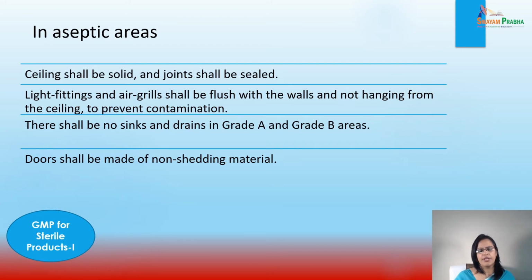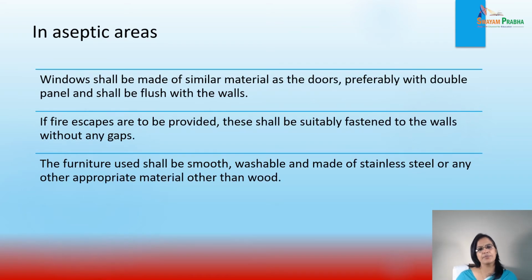So the next point is windows. Windows shall be made up of similar material as the door, preferably with the double panel, and shall be flush with the wall. The fire escapes are to be provided. These shall be suitably fastened to the walls without any gap.